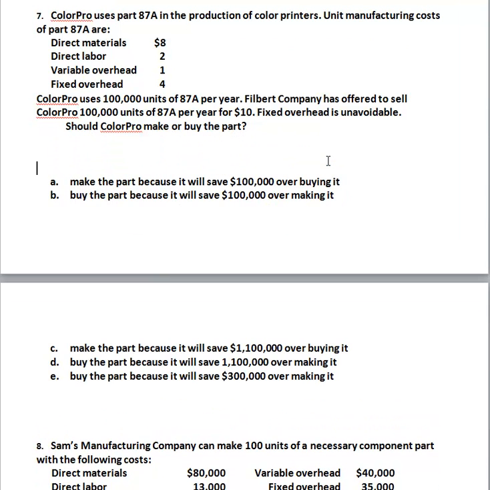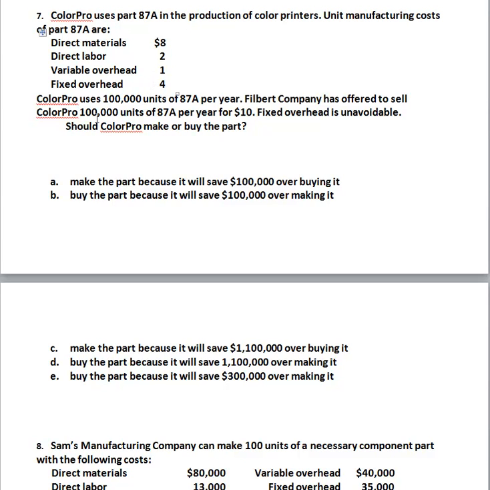The next question is a make or buy. So we have a situation where we have a part that's part of our colored printers. We can produce the part ourselves. If we produce the part ourselves, we have material, labor, variable overhead, and fixed overhead cost. We use 100,000 units of that part per year.